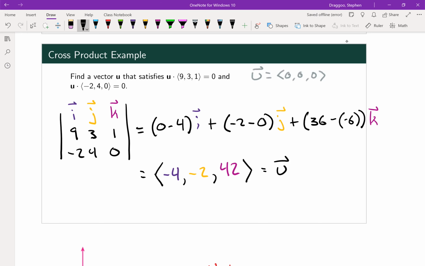All possible vectors that will work are going to be in the same direction as the vector u that I just found here. I can go in its forward direction or its negative direction and still come up with a result. And then, like I said, there's also the 0 vector, but that's a somewhat boring example. So we wanted to find the exciting one, and it let us practice the cross product. So hooray for us.